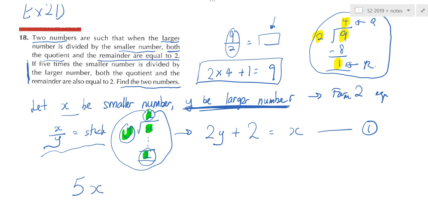So the larger number should be inside, right? So how? Should we change this or change this? Which one is easier? The one below is easier. So this becomes wrong already.